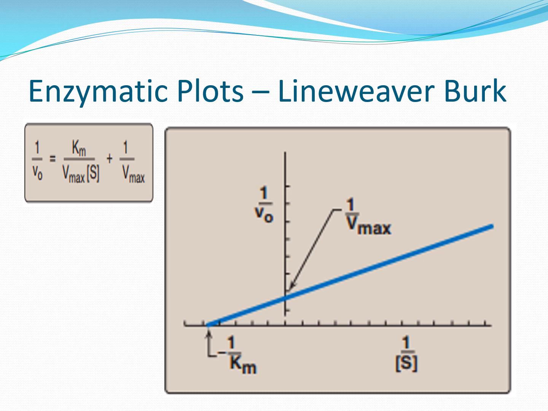These are your enzymatic plots. This is your Lineweaver-Burk. I will not expect you to be able to derive equations or values from this, but know the formula and know that the relationship of your 1 over Vmax and your 1 over Km forms a line such that you could plot it in relation to your 1 over initial velocity and your 1 over substrate.